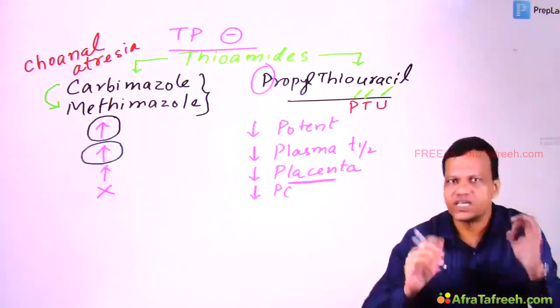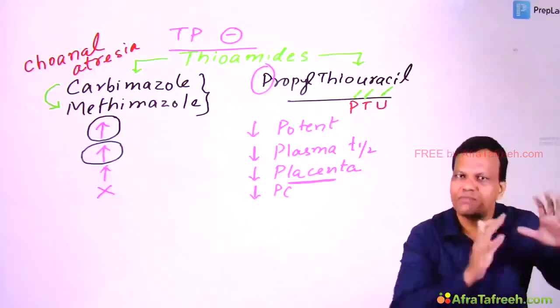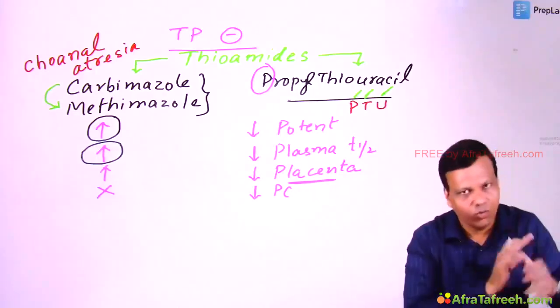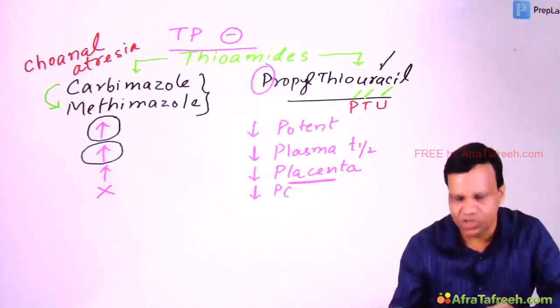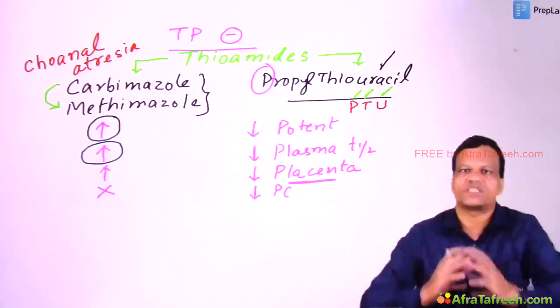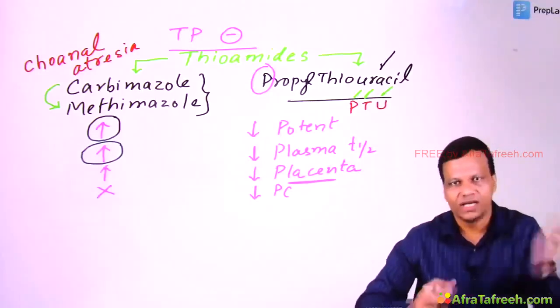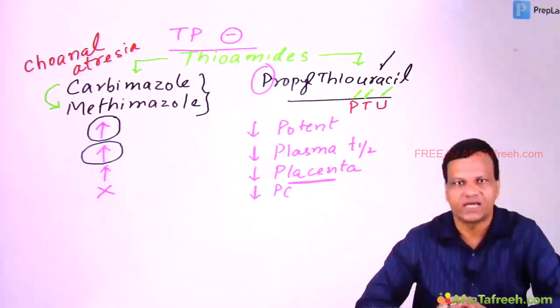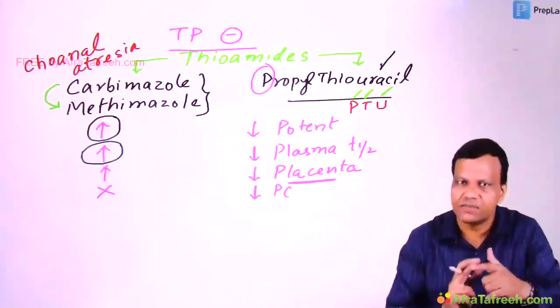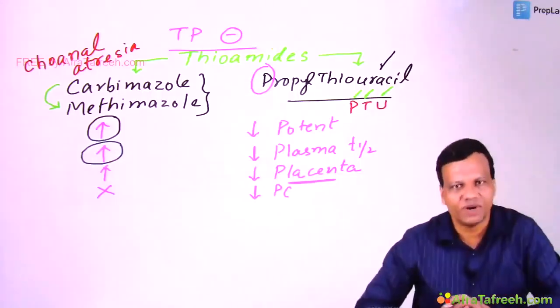So in most cases of hyperthyroidism, we prefer these drugs. The only place where we prefer propyl thiouracil is first trimester of pregnancy. Routinely, we prefer carbimazole or methimazole, but in first trimester, we prefer propyl thiouracil. In second and third trimester also, carbimazole or methimazole are preferred.